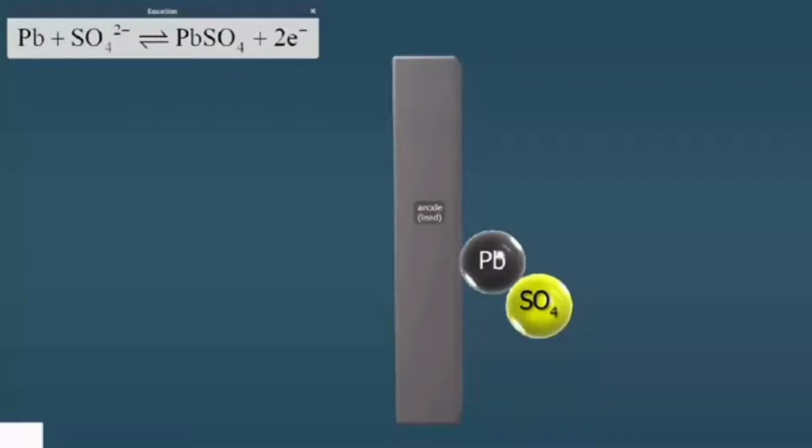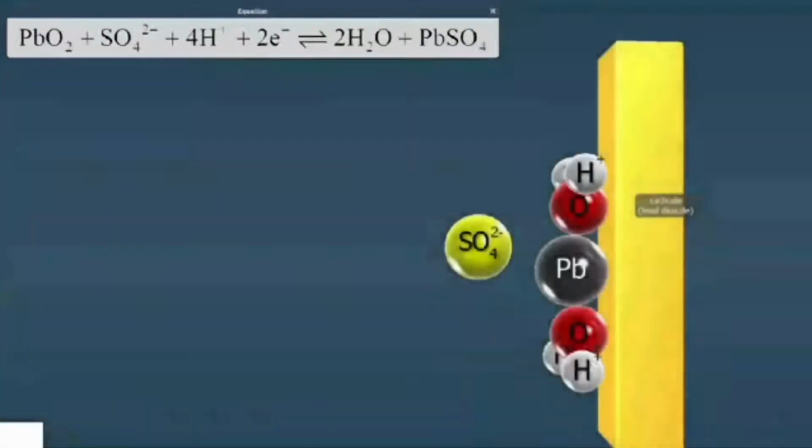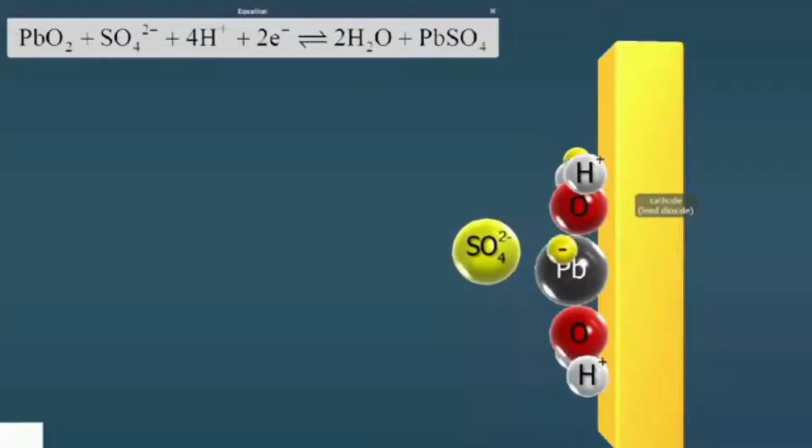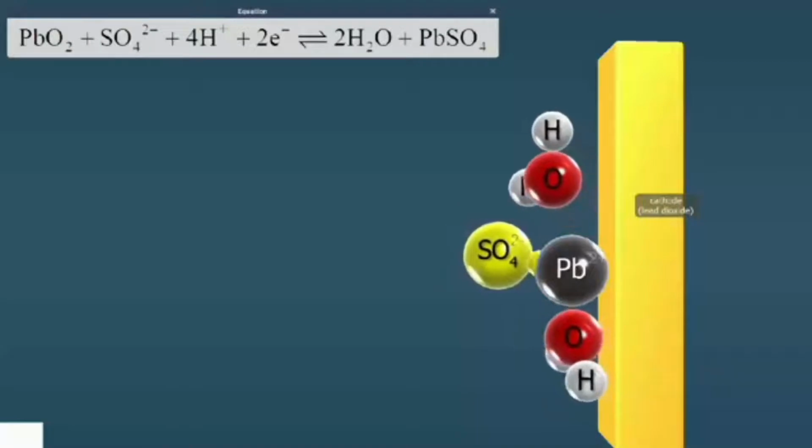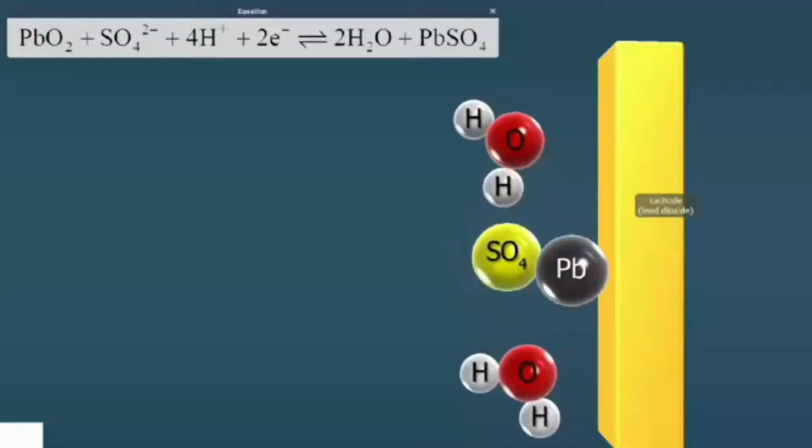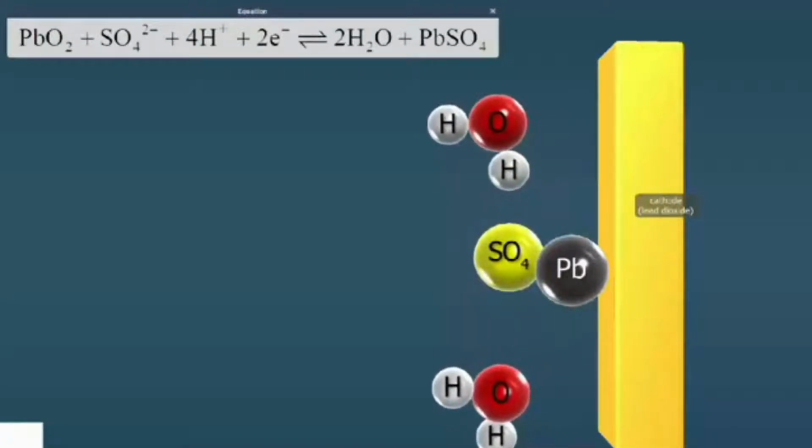When the circuit is closed, electrons start flowing from the lead plate, the anode, to the lead dioxide plate, the cathode, through an electrical load connected to the battery. During discharge, the lead dioxide on the lead dioxide plate also reacts with the sulfuric acid to form lead sulfate. During the process, the oxygen ion in the lead dioxide and the hydrogen ions in the electrolyte combine to form water.